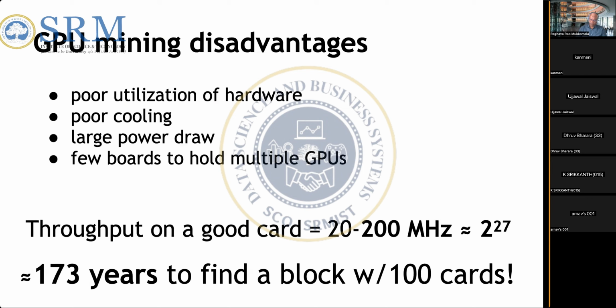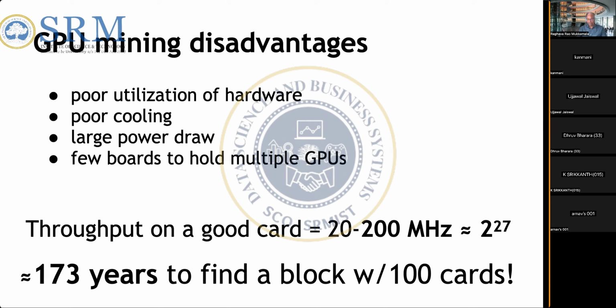Of course, GPUs have very high processing power, right? But my question is why it takes 170 years? Anyone? You can put it in the chat, or you can unmute your microphone.